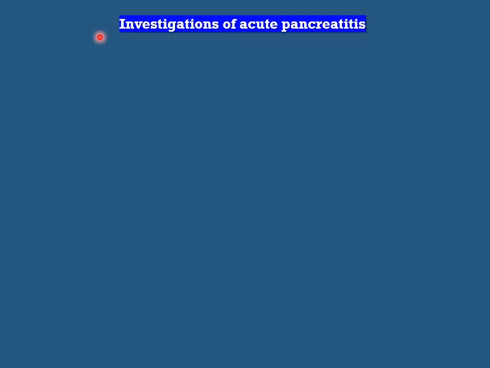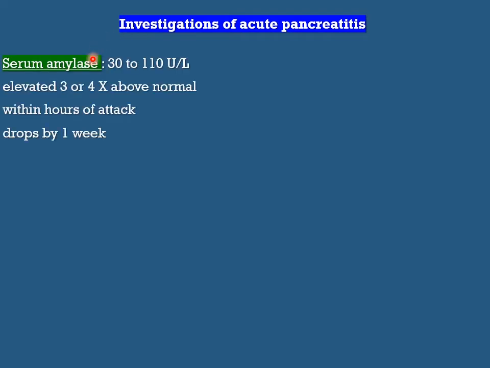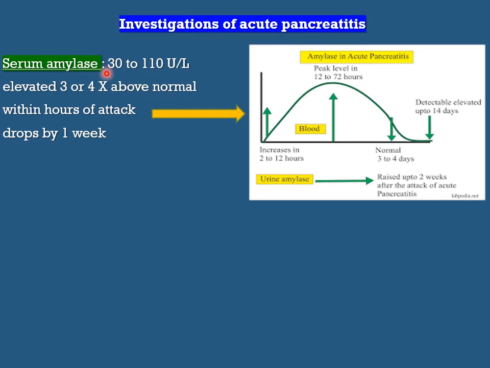Now, coming to the investigations of acute pancreatitis, first, serum amylase is very, very important. The normal value is 30 to 110 units per liter. So in acute pancreatitis, it is elevated to more than 3 or 4 times its normal, often 4 to 5 times its normal.